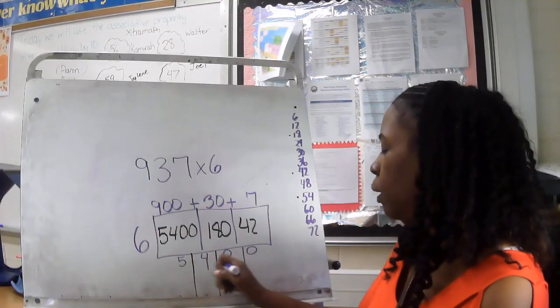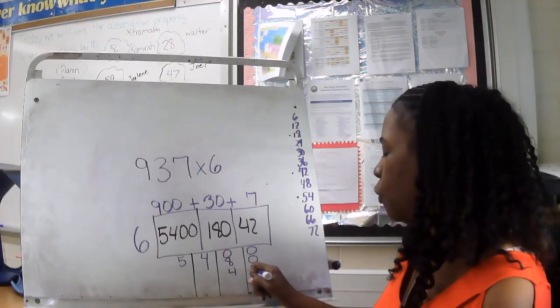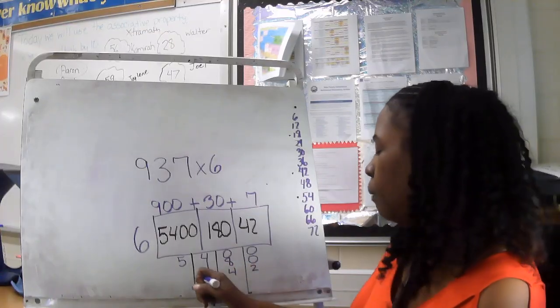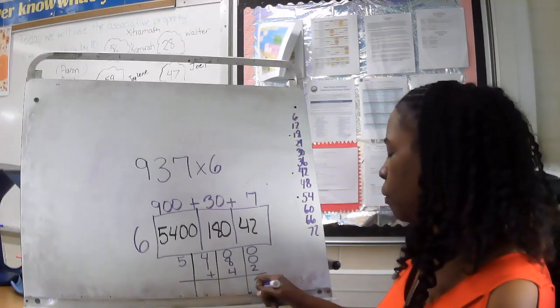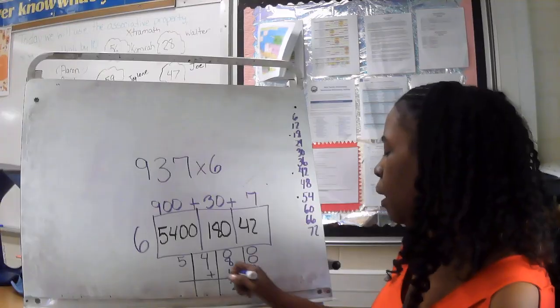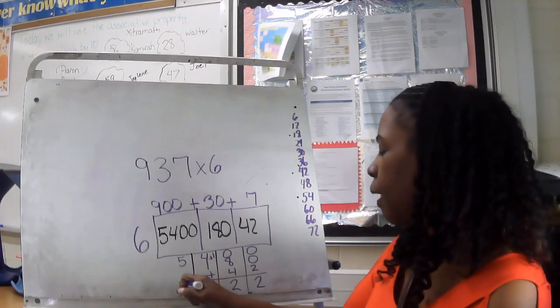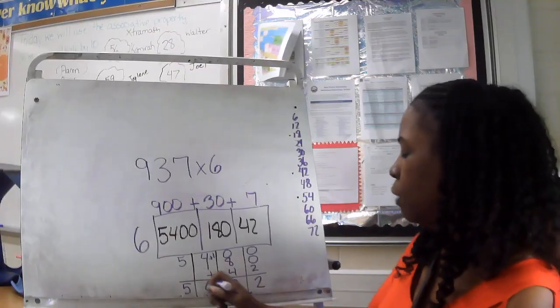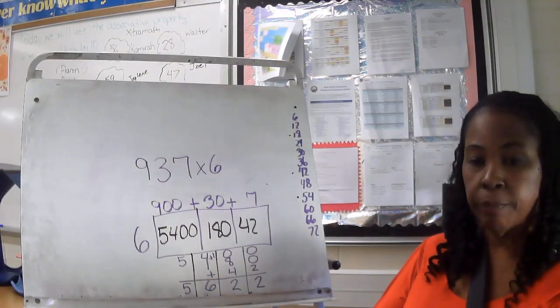I have my 180, and I have my 42. Okay, and I'm going to add that. And what do I have? 2. What is 8 plus 4? 12. So 2 goes here, plus 1. 4 plus 2 is 6. And then I have my 5. Ones, tens, hundreds, comma. So my answer is 5,622.